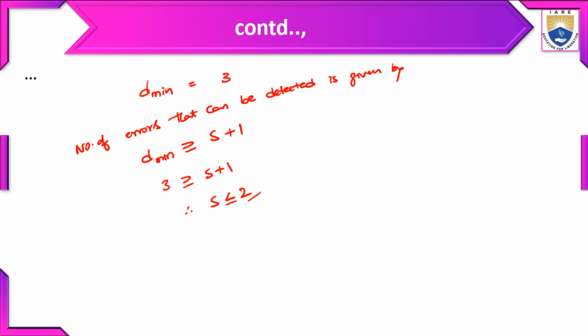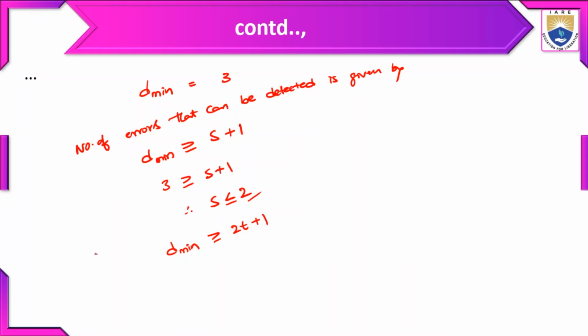Then how many errors can be corrected? That is D minimum greater than or equal to 2t plus 1. Here t indicates how many errors can be corrected.